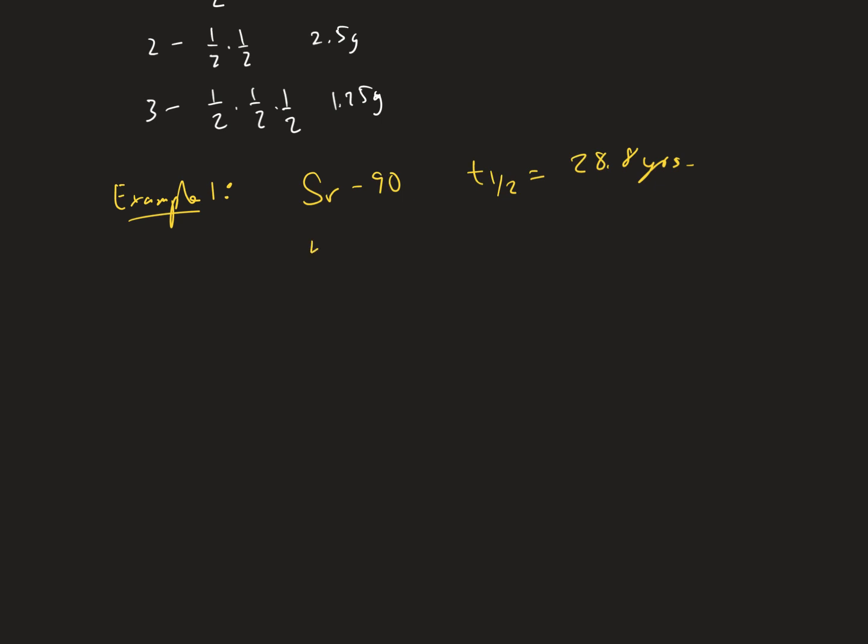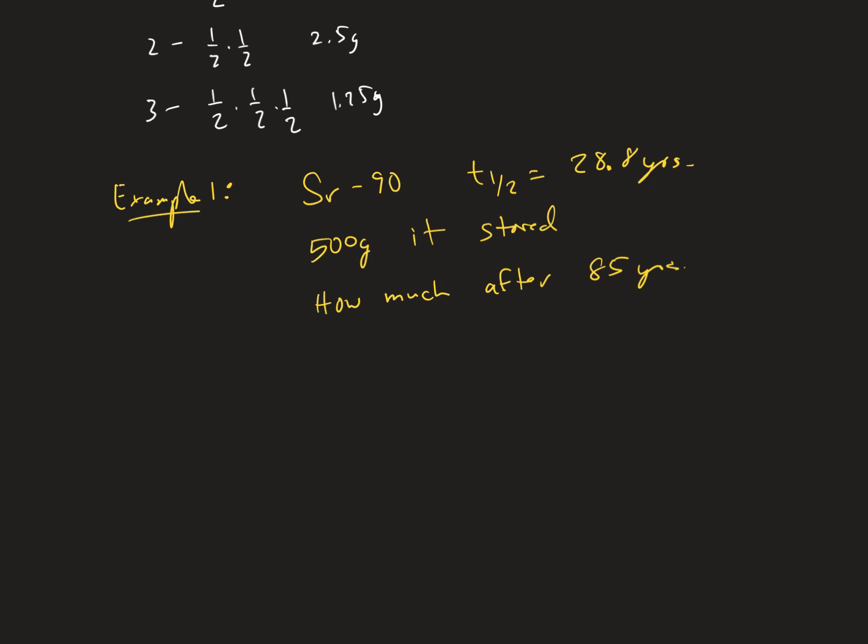So if we have 500 grams to begin with, and it is stored, we want to know how much we have left after being stored for 85 years. It's 28.8 years? 28.8 years. Yep. All right.